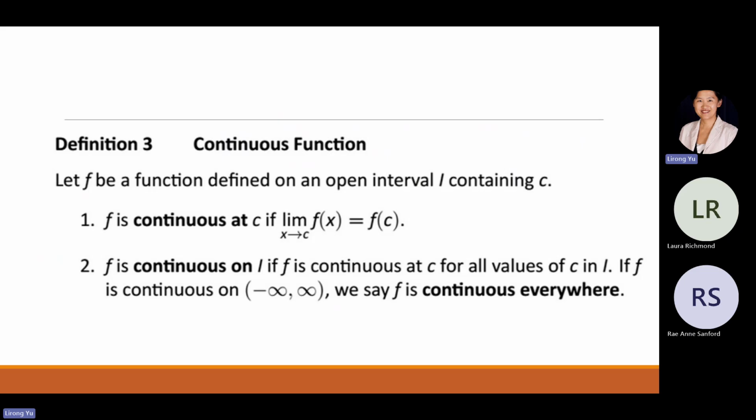Any questions? So essentially we define continuity based on limit computation. That's why we often talk about continuity after we have some understanding of limits, because we've done so many limit calculations. For some of the limit calculations, you can simply plug in the number that x is approaching, and that will be your limit.